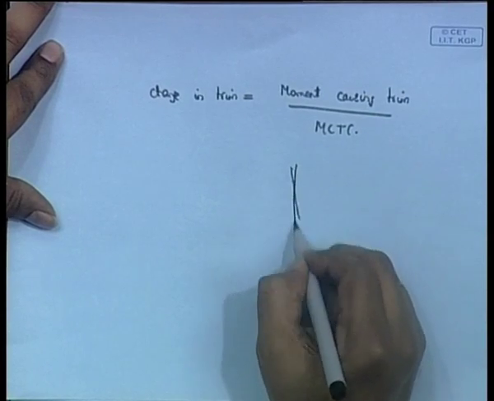So the way to find the rotation is to find the net unbalanced moment acting on it. We take the moments about this pivot, which is the center of flotation. From the previous figure, it was a box shaped vessel.